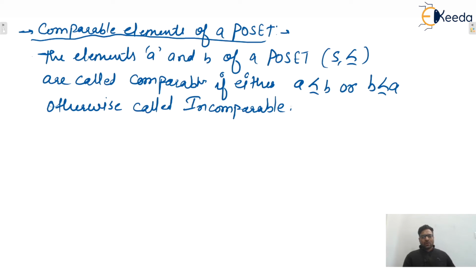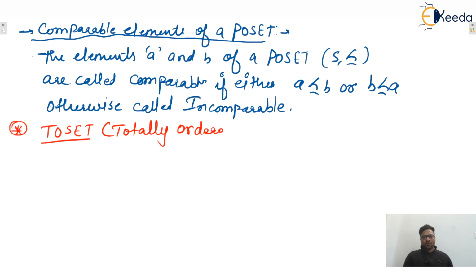Okay. So let us consider the next one. That is totally ordered set. What is a totally ordered set? A totally ordered set first of all must be a poset.